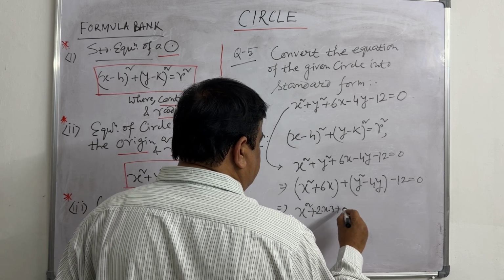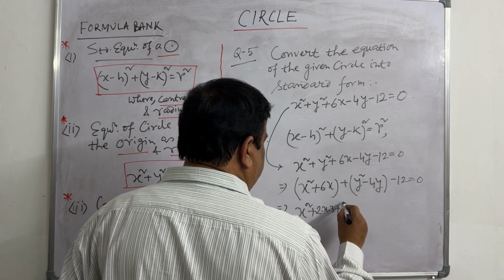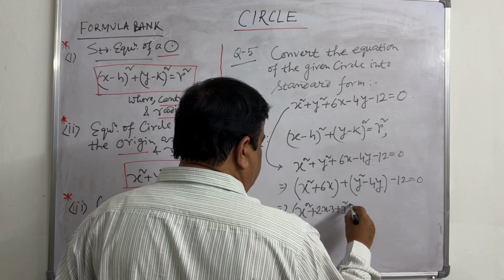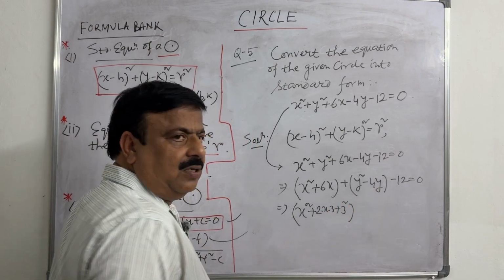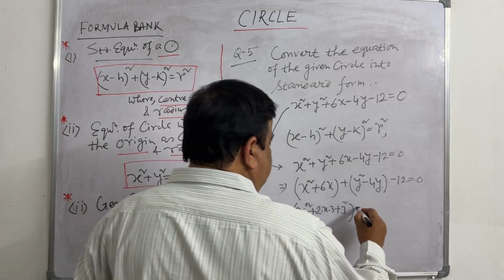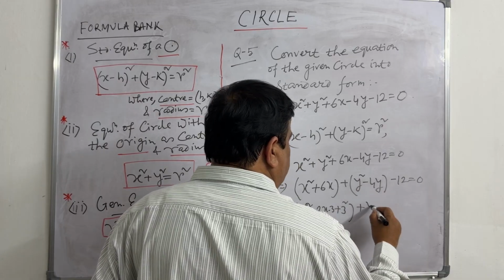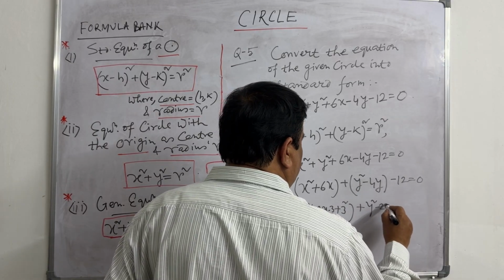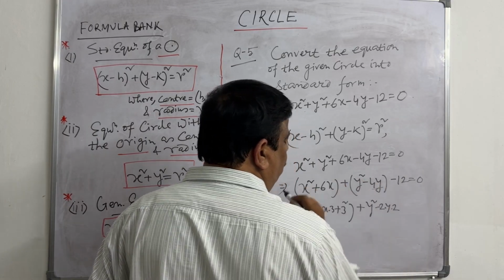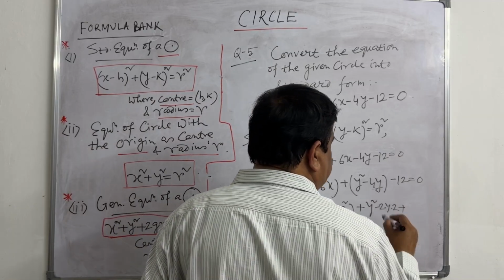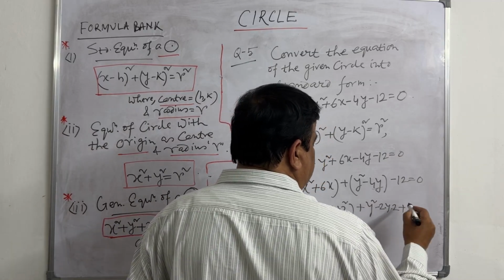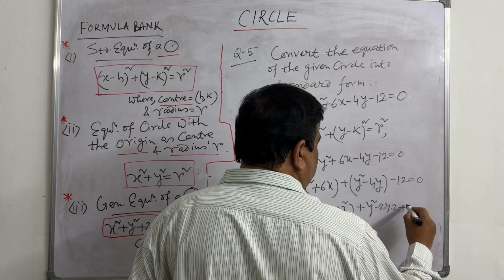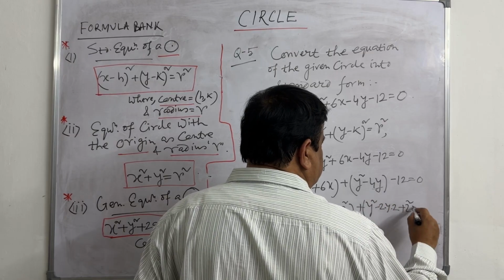Then obviously the next term should be 3 square. This is extra. And here y square minus 2 into y into 2, that is minus 4y, plus which term do we have to add to make it a perfect square? That is 2 square. And this is extra.